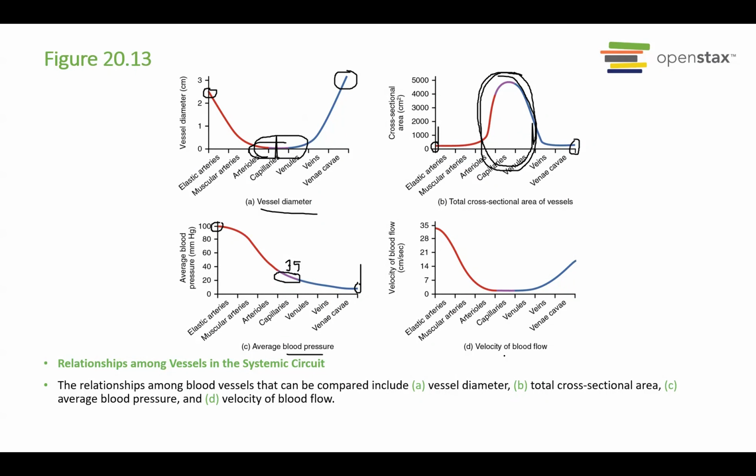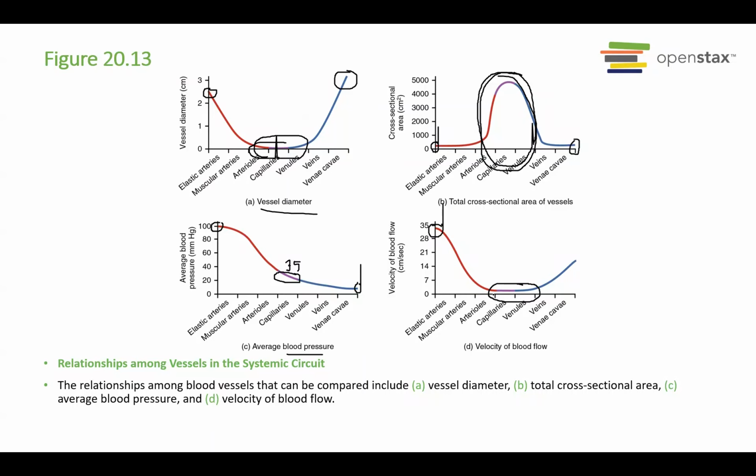And this is the velocity, the speed of the blood flowing. Of course, it is going to be really high in the aorta because this is where the blood is pumped from the heart, so its velocity will be higher. And it is going to be very, very slow in the capillary. Why? Because we need time to exchange the nutrients in the capillary.